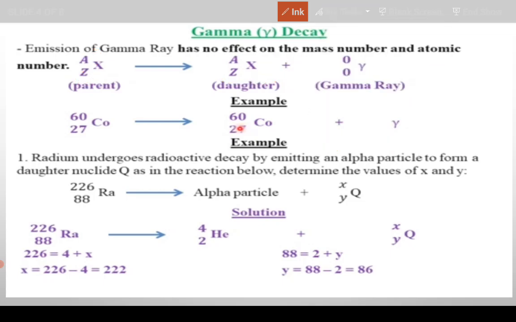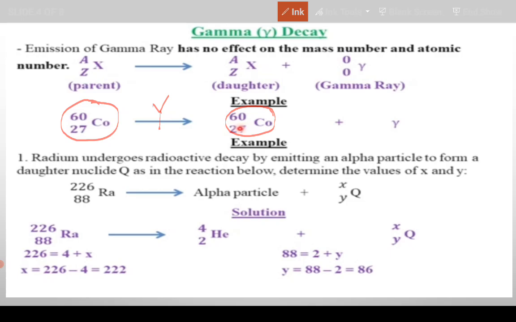Let's look at a specific example. Suppose we are looking at cobalt. Cobalt has a mass of 60 and the atomic number of 27. So it's emitting gamma. When it emits gamma, the element will remain unchanged. It's going to be cobalt with a mass of 60 and atomic number of 27.